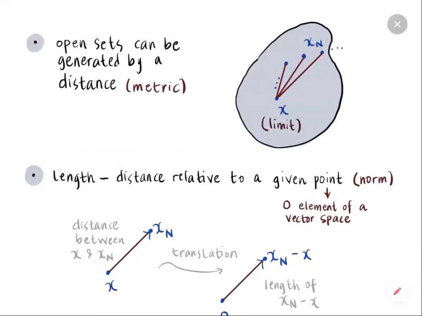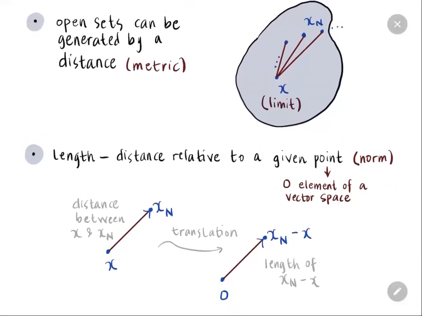To see this, suppose I have two vectors, x and x sub n. The distance between x and x sub n, after some translation, meaning by subtracting x on both sides, is the same as the length of the vector consisting of the difference of x sub n and x.